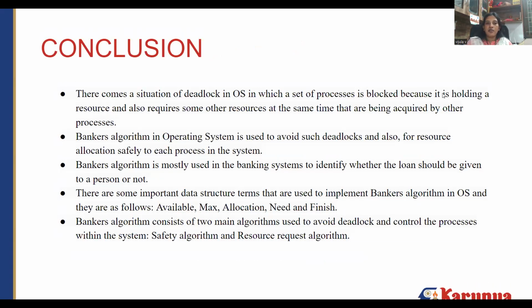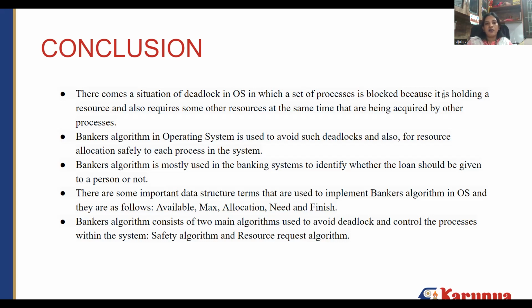Here comes the situation of deadlock, in which a set of processes is blocked because each is holding a resource and also requires some other resources that are being acquired by other processes. So the banker's algorithm is used by the operating system to avoid such deadlocks, and also for allocating resources safely to each process in the system.